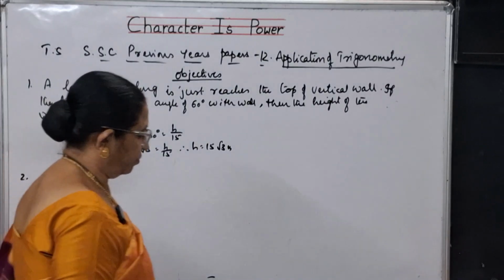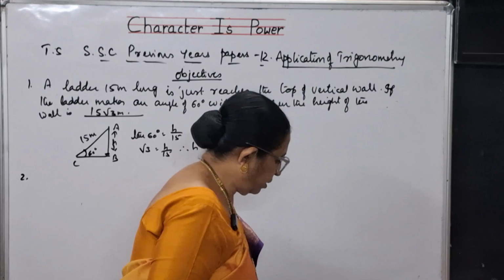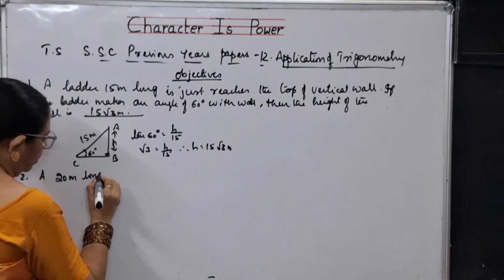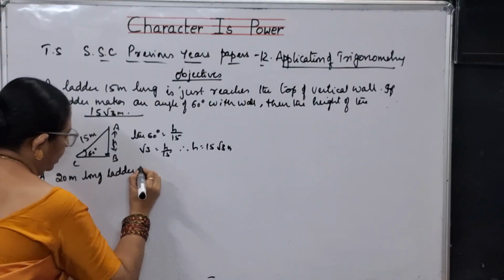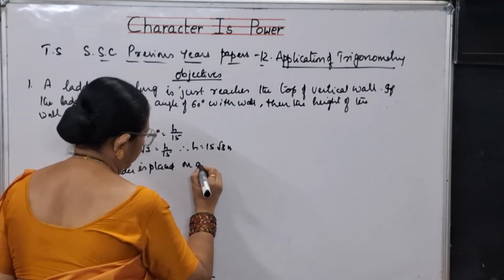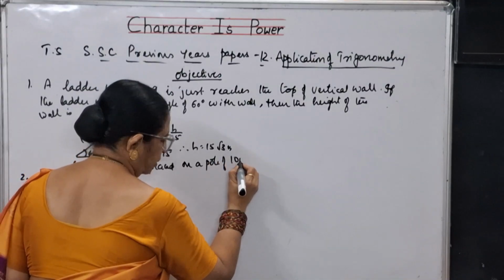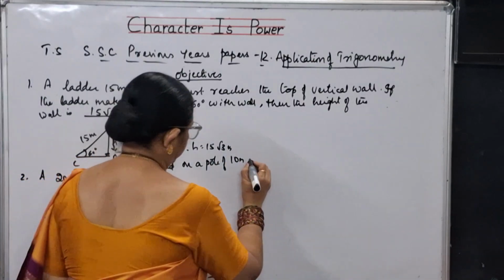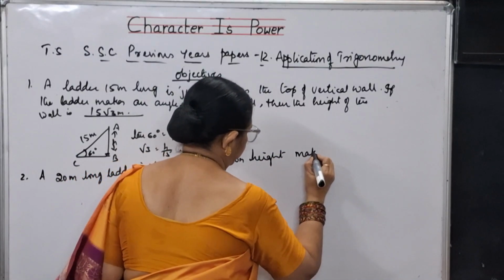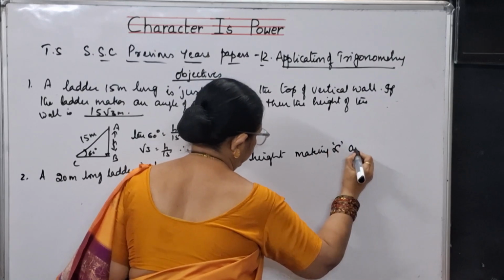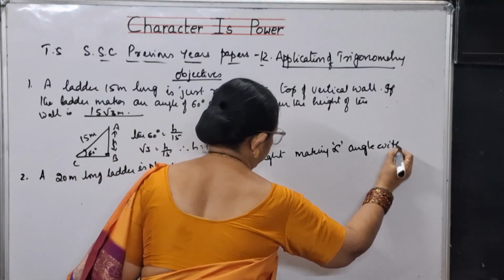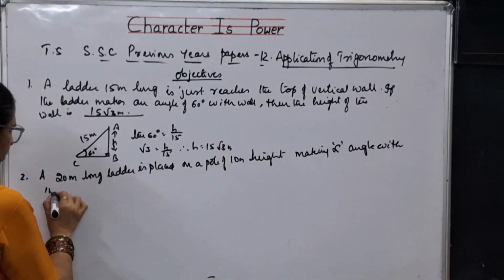This is the first one. Now the second one. A 20-meter long ladder is placed on a pole of 10 meters height, making alpha angle with the ground.